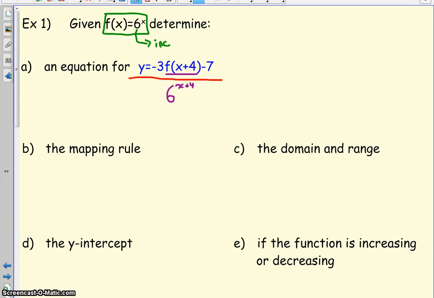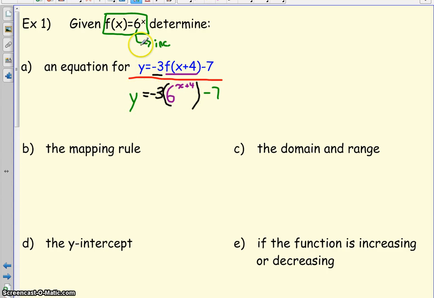Now I'm going to multiply that by -3. So negative 3 times 6 to the exponent x plus 4. Then, of course, I have the minus 7 right here. So this is going to be my equation I'm going to be working with.